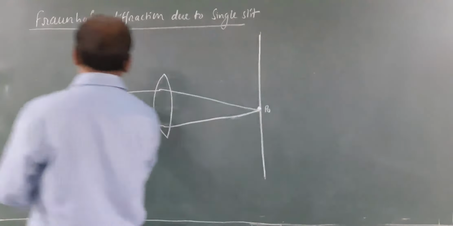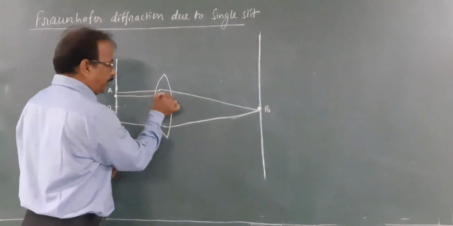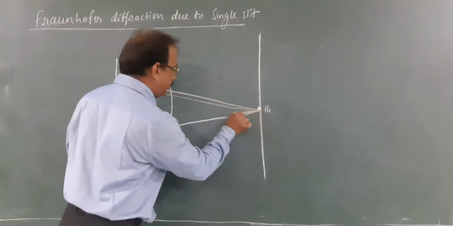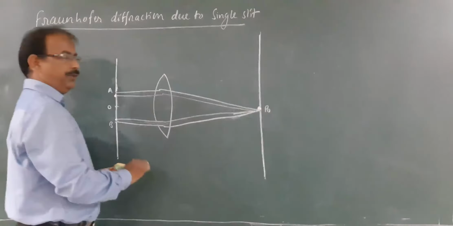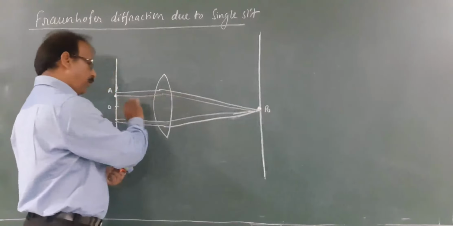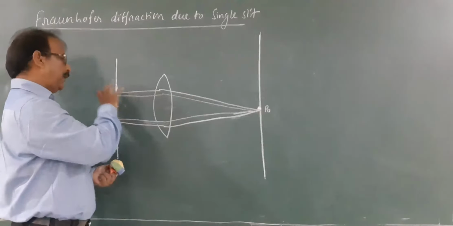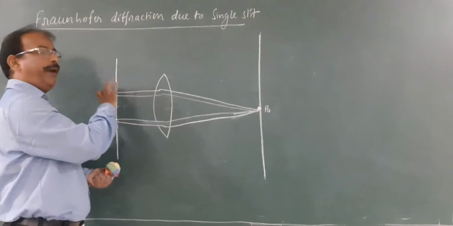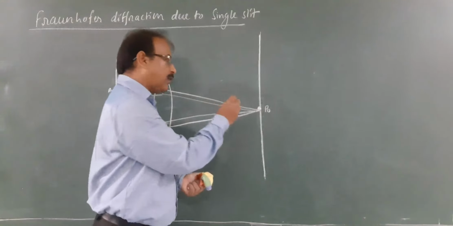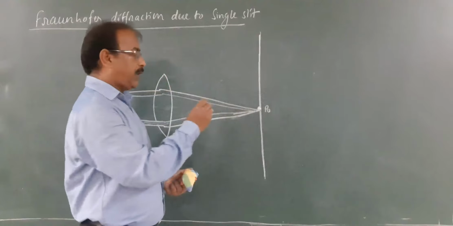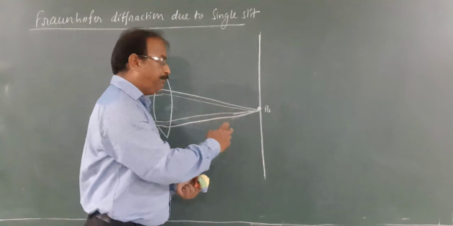For the second pair also you get path difference 0. Similarly for the third pair, for the next pair, you get path difference 0. All the waves that come from different points of this wavefront show path difference 0 at the center of the screen. Means at the center you will find brightness. There is a bright band.